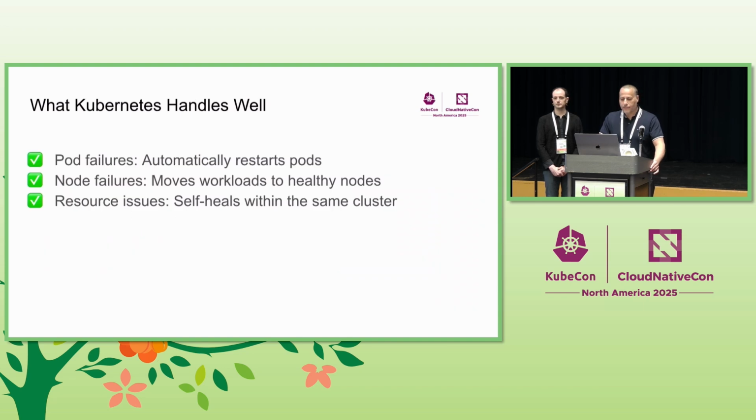So you might ask the question, doesn't Kubernetes provide high availability? And yeah, somewhat. It does provide high availability for pods and nodes, for example. If a pod fails, Kubernetes is going to restart the pod. If a node fails, Kubernetes is going to start all the pods that were running in that node somewhere else, on surviving nodes.